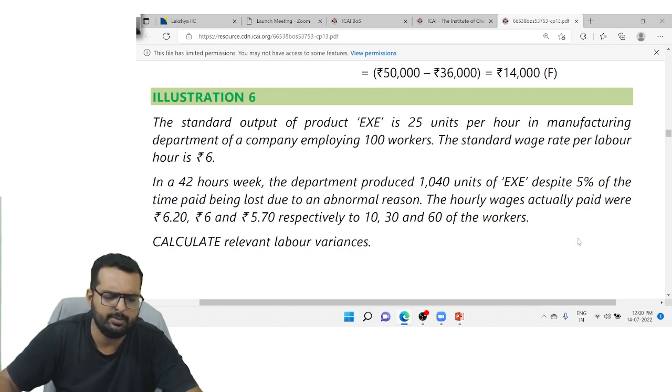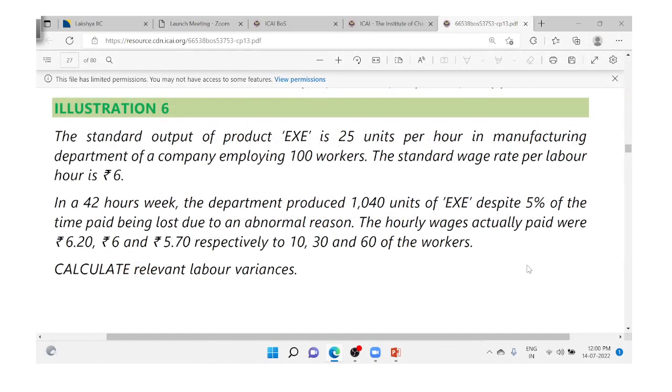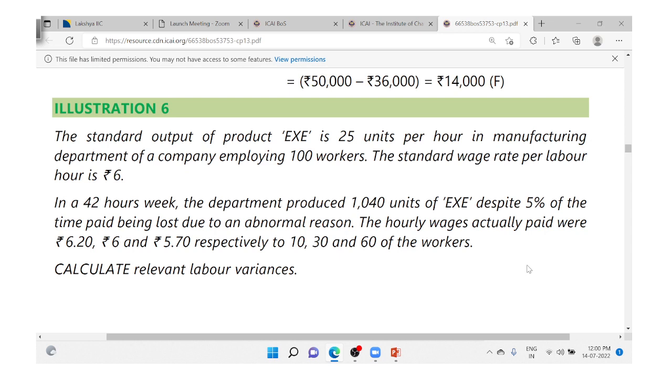This looks to be a very easy problem, friends. Just tell me the SH and AH. If you can find out these two, rest is all very simple.